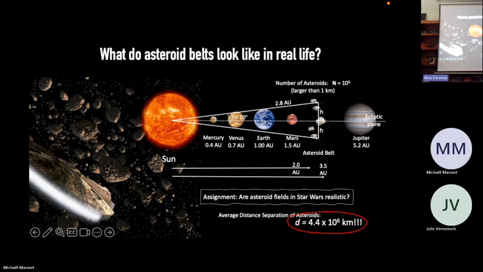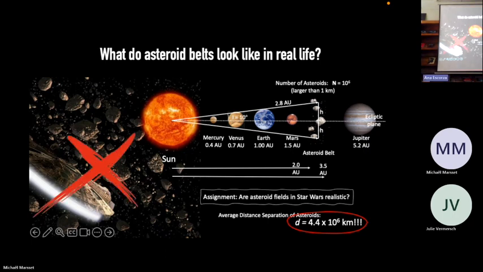And if you do that, the average distance between kilometer-sized asteroids is about 4 or 5 million kilometers. So this is not very accurate, and of course smaller objects are more numerous, but even if you use meter-sized objects, there's still a lot of empty space in the asteroid belt.